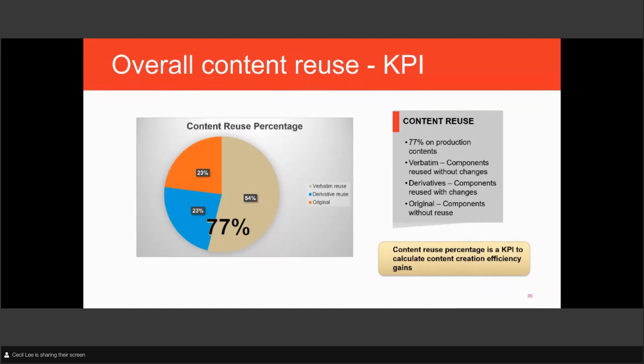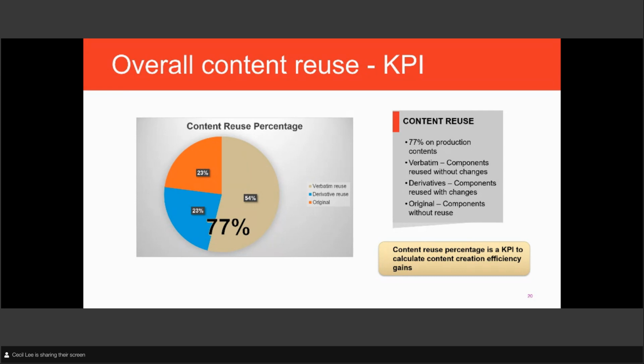This was a very effective KPI for our program, and it resonates throughout the company and encourages people to actually reuse content. Why? Because you can understand the efficiency that comes from doing that.